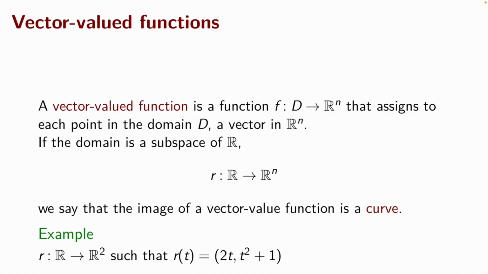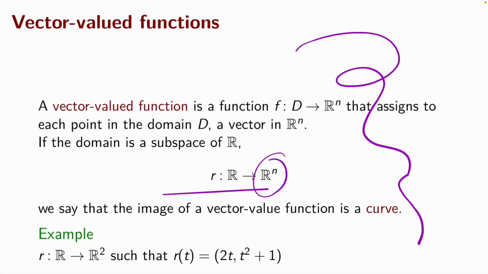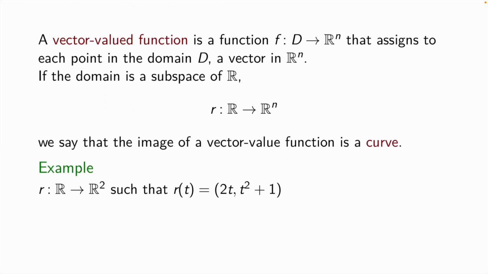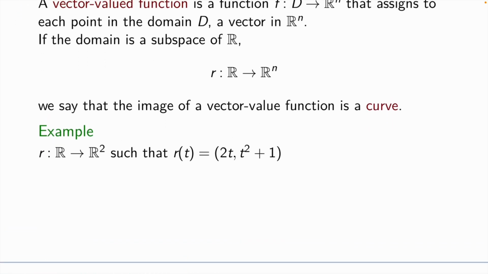So we have that the image of R in Rn. This function maps the set of real numbers into Rn, so the image will look in general like any image of the line, an image of the real numbers. So, for example, let's consider this function.